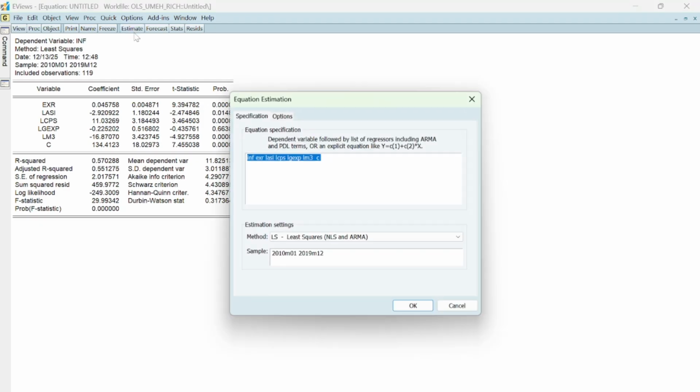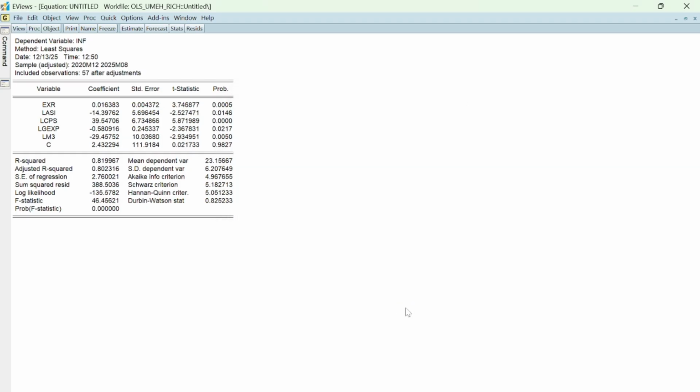Okay, let's look at a different sample size. This is our full sample, to 2025 September. Let's look at 2020 M12 and see what it gives us.